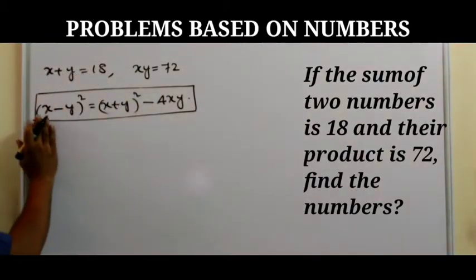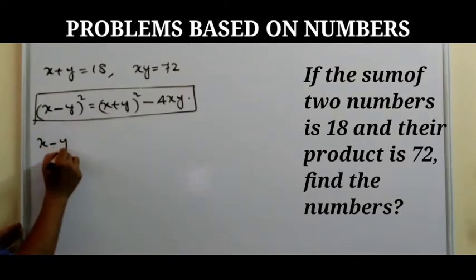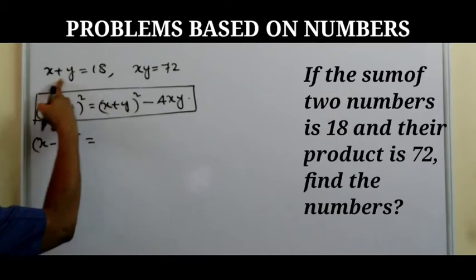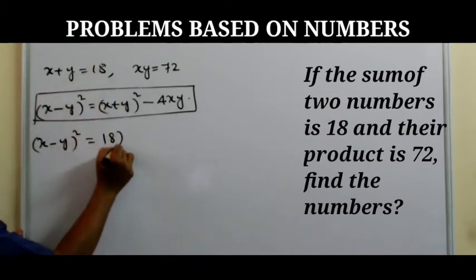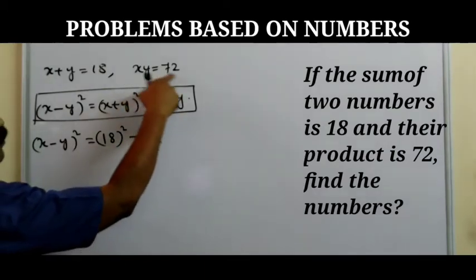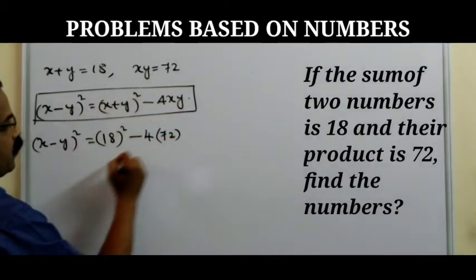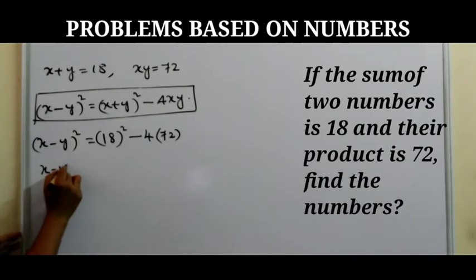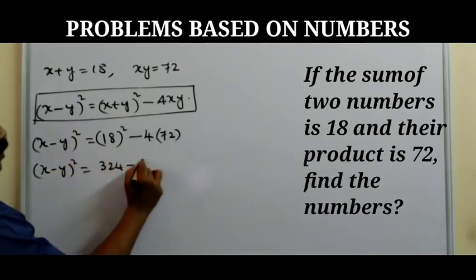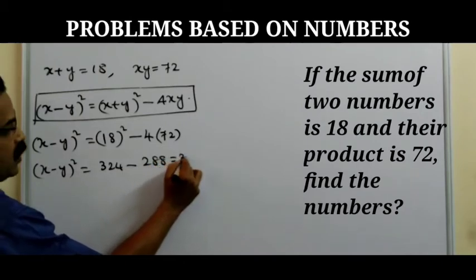So we need to find out x minus y all square. x minus y all square is equal to x plus y all square minus 4 into xy. x plus y is 18, so it is 18 square, and xy is 72. So x minus y all square is equal to 324 minus 288, which is equal to 36.